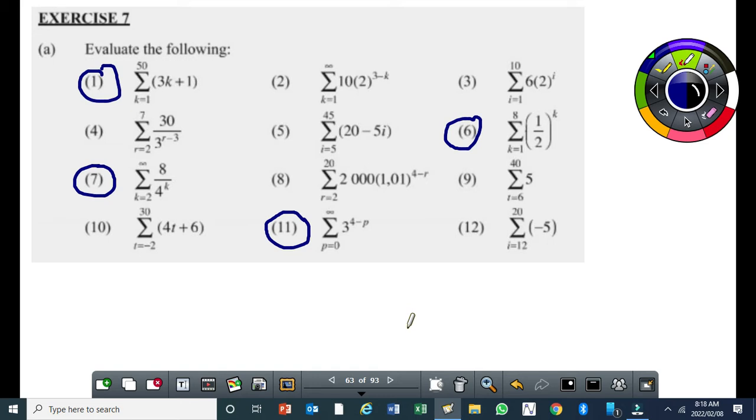Because most learners, they get to grade 12 doing pure maths, do the sigma notation, they don't understand what it is all about. The sigma notation is a shortcut notation used to represent a series. Because when you write a series, you can have many terms. You can have a million terms, a billion terms, and so on.